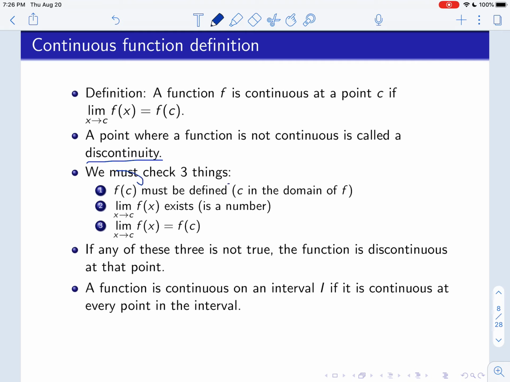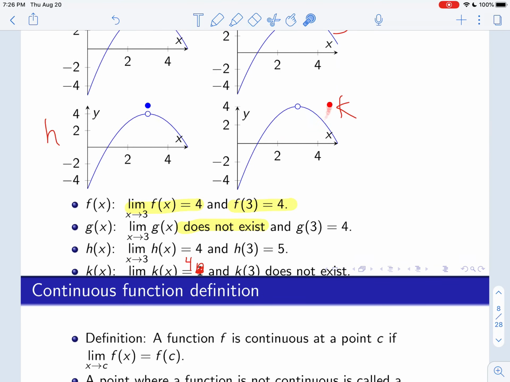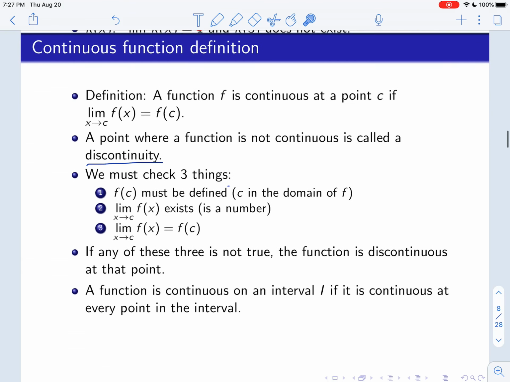The first one is that f of c, that function value, has to be defined. Like, it has to be a number that you can tell me what it is. Unlike this guy right here, where our function value at 3 didn't exist. So that would be bad.